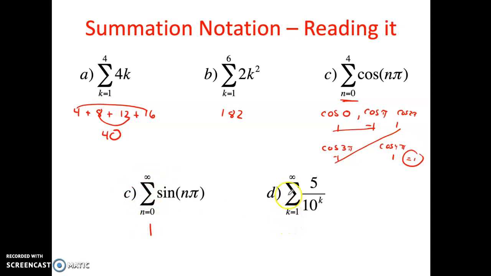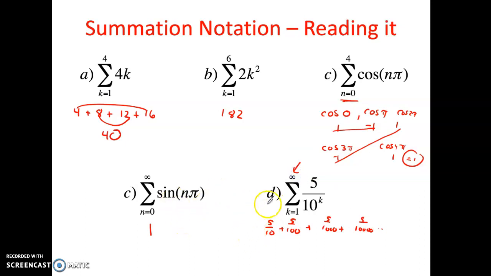This next one I really love because it goes into repeating decimals. If you substitute 1 in, we get 5/10. If you put 2 in, you get 5/100. 3 in, 5/1000. 4 in, 5/10,000, and it keeps going because it doesn't have a maximum. It goes to infinity.